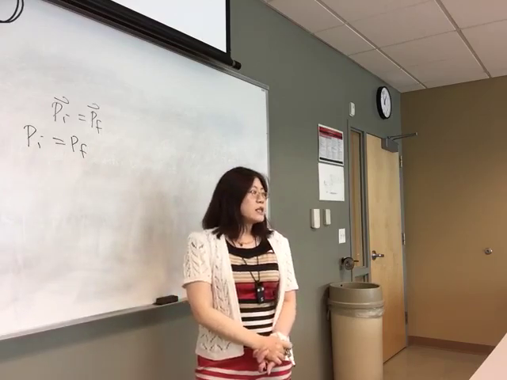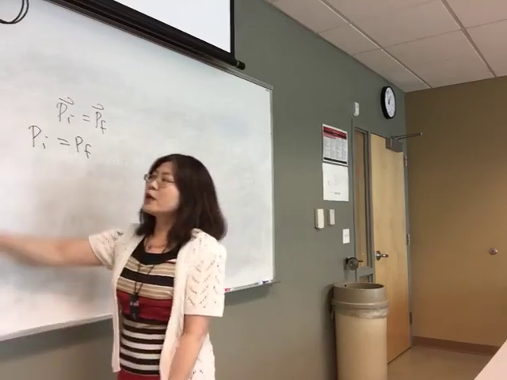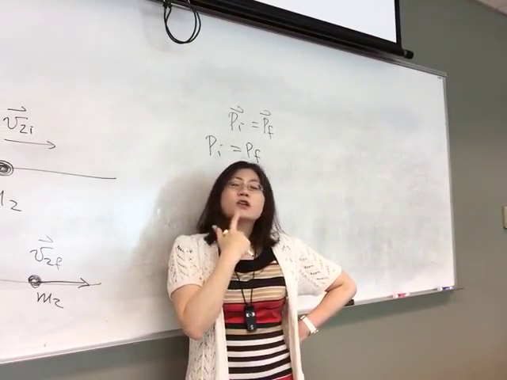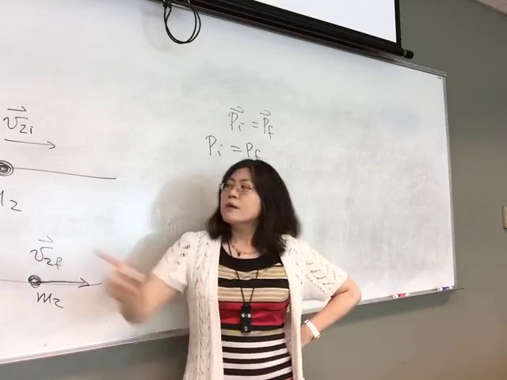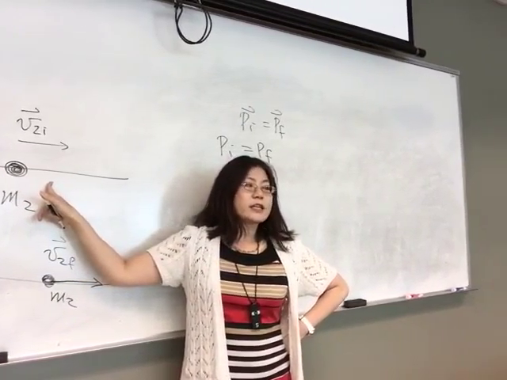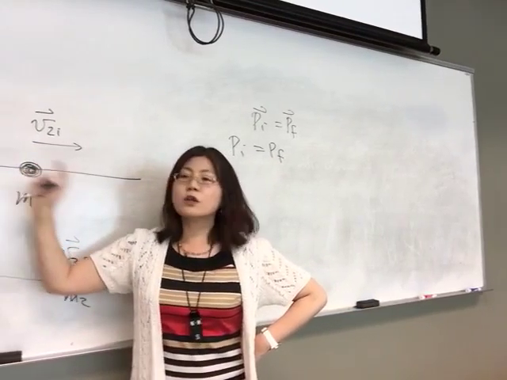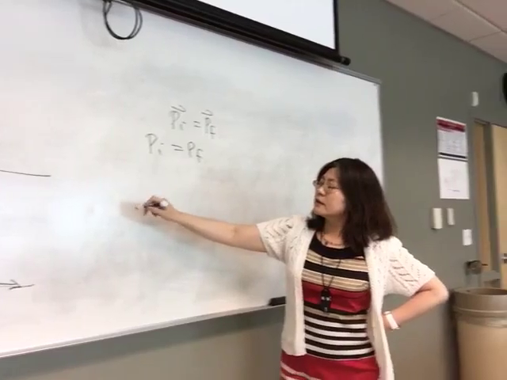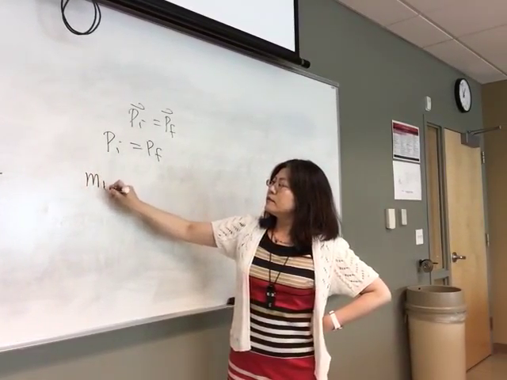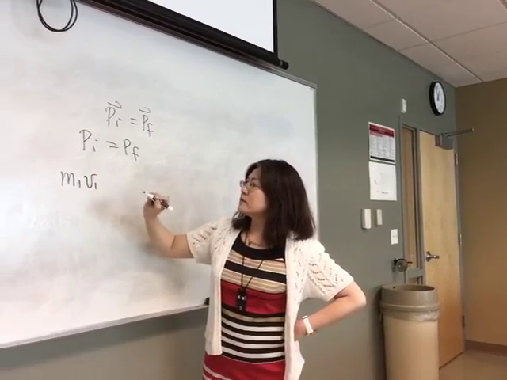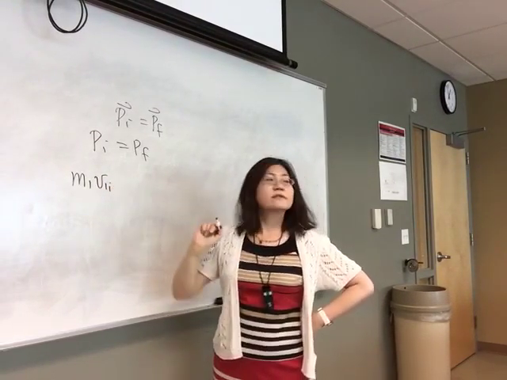Pi indicates linear momentum before collision. So let's look at the picture before collision. How many terms are there before collision? There are 2 terms, right? This one is moving with a velocity, and this one is moving with a velocity. Each will contribute to linear momentum. So how would you write it? You would say M1 V1I, right?